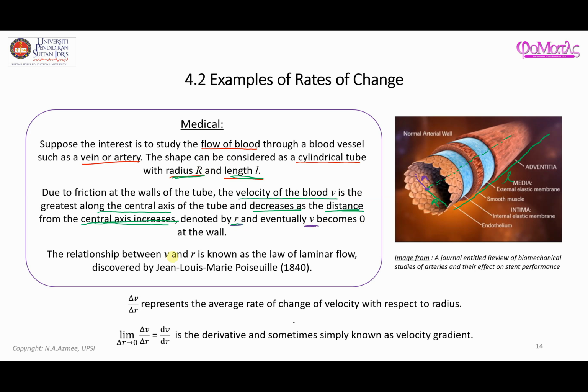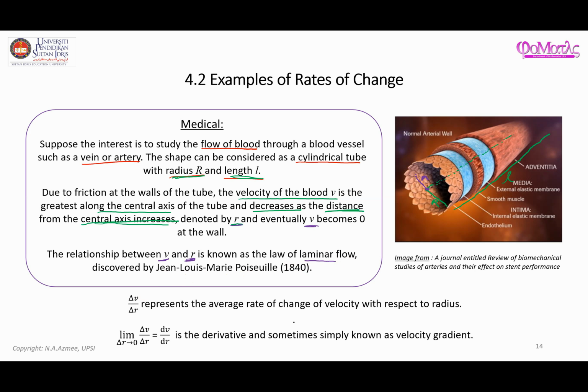Now the relationship between the velocity of the blood and this distance from the central axis is known as the law of laminar flow, and it was discovered by a French scientist, Jean-Louis Marie Poiseuille, in 1840.